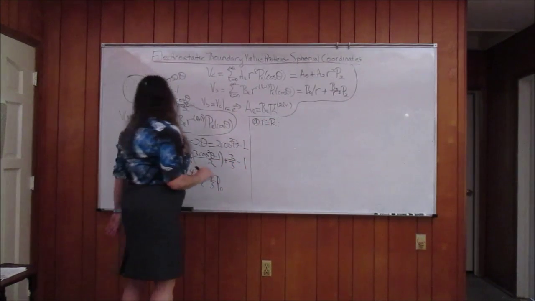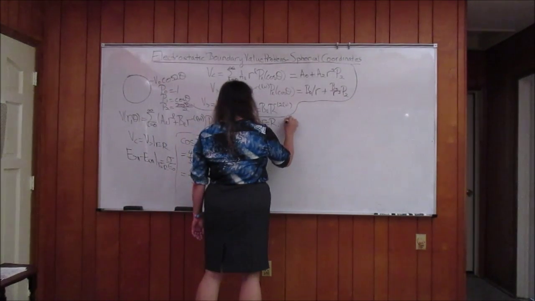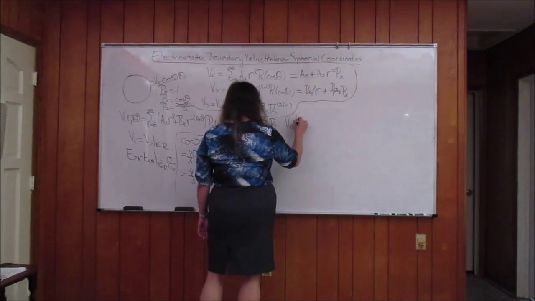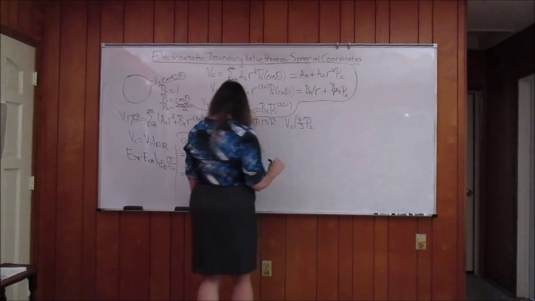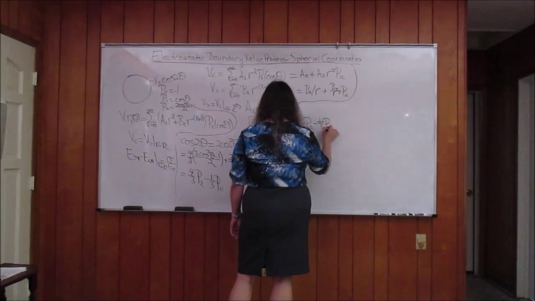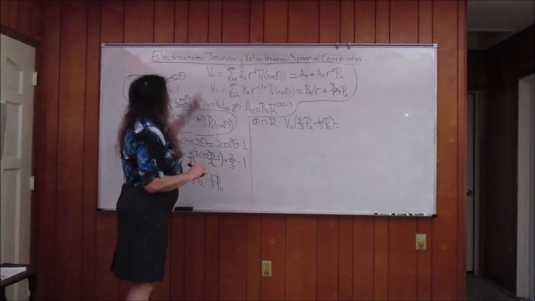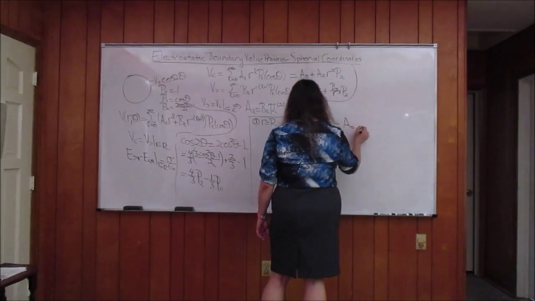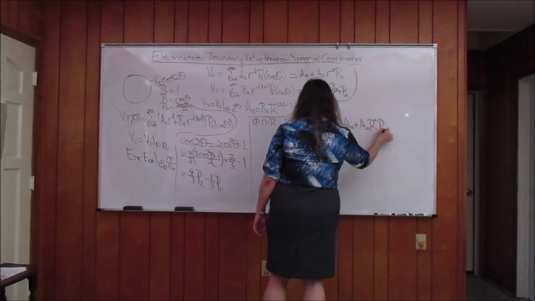At the radius of the sphere, the potential is equal to V naught times four-thirds P2 minus 1/3 P naught. And the interior solution is equal to A naught plus A2 R squared P2.